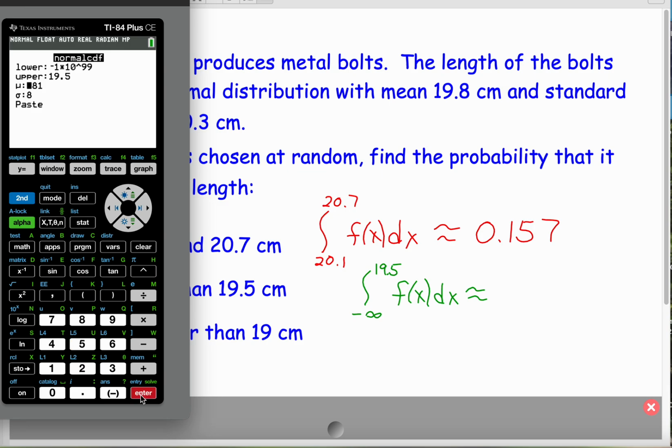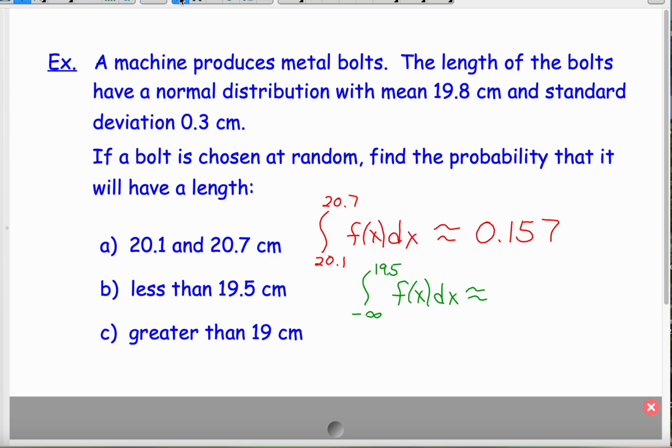My mean in this problem is 19.8, and standard deviation is 0.3. And so we get about 15.9%. Now I'm going to show you something in a second here.